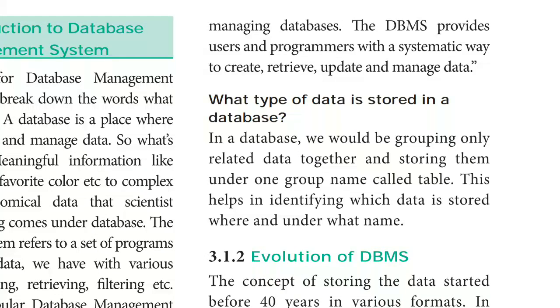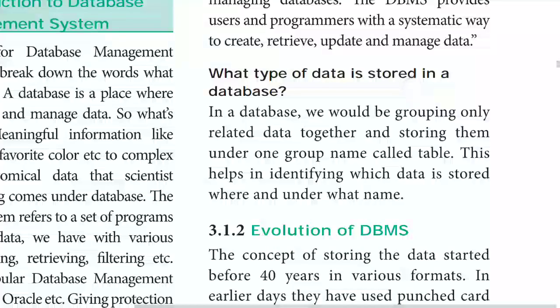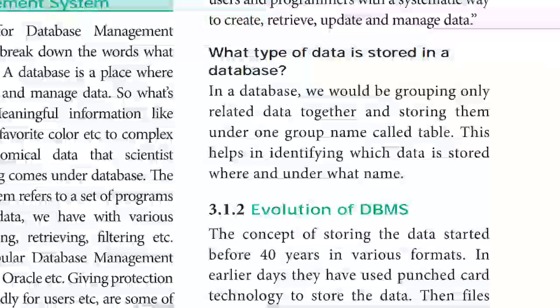What type of data is stored in the database? In a database, we group only related data together and store them under one group called a table. This helps in identifying which data is stored where and under what name.